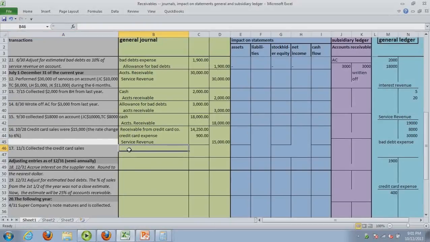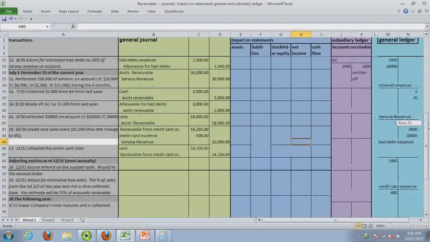We collected the credit card sales, so it's cash and receivable from credit card company. And of course, again, we give up part of our cash in order to let somebody else deal with the collections and so forth. Okay, that's weird.